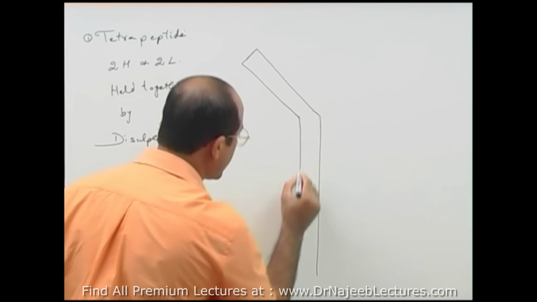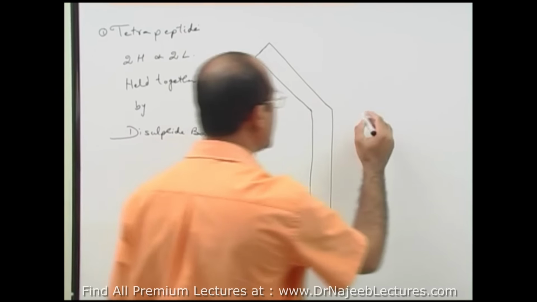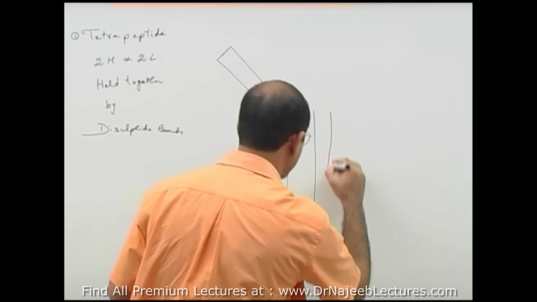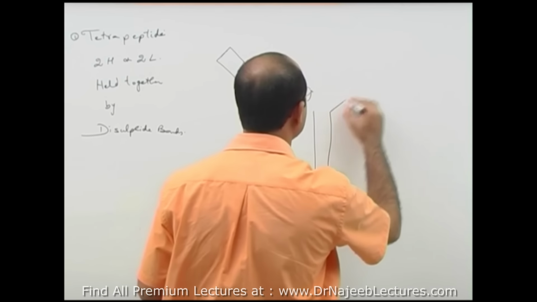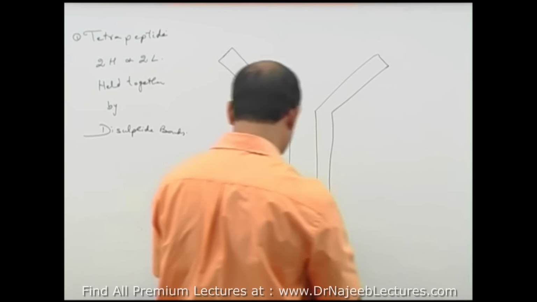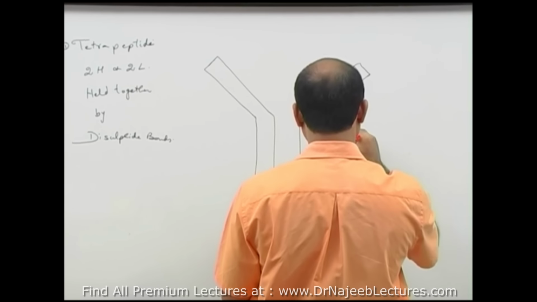Why do we call this peptide a heavy peptide or heavy chain? This is a heavy chain and there must be another heavy chain. So an antibody has 2 heavy chains. With that, it has 2 light chains.